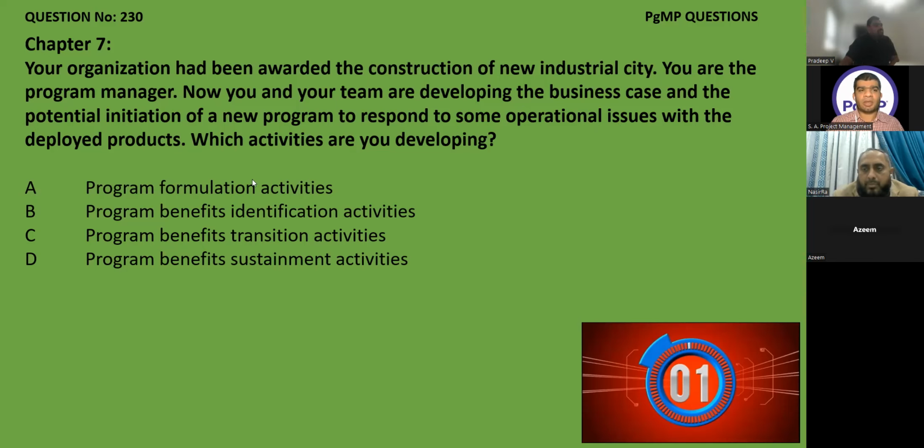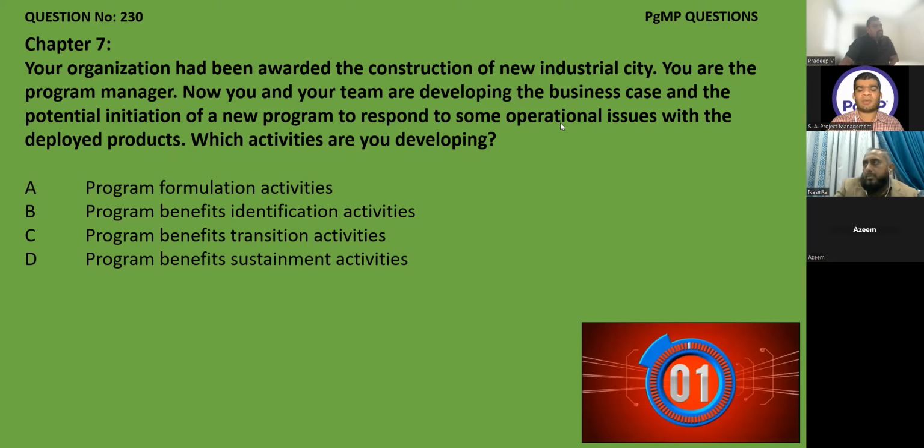Which activity are you deploying? Mr. Azim, why A? Because you are making this business case and these activities are in the formulation. But I am not making the business case for my program. I am making a business case for a new program to respond to some operational issues.